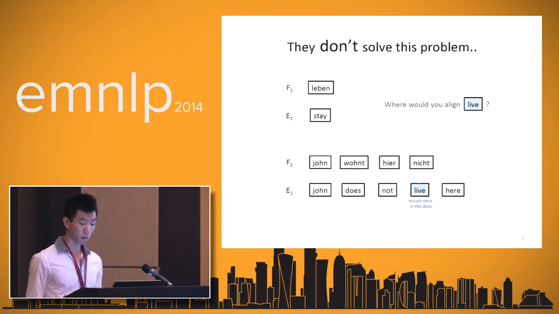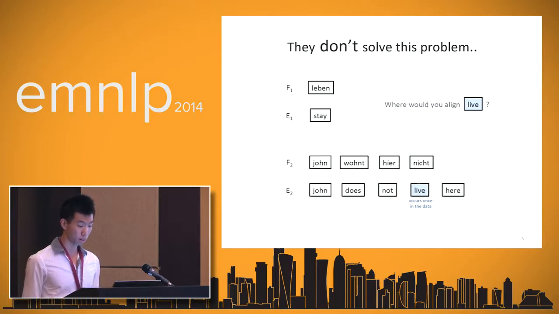The alignment for the first sentence pair is very clear, as they only have one word. But suppose we see leave only once throughout the parallel corpus. How are you going to align leave with the rest of the words on the other side? The answer is just to give equal probability to aligning to each of the words. Because of this, word alignment models tend to misalign low-frequency words.